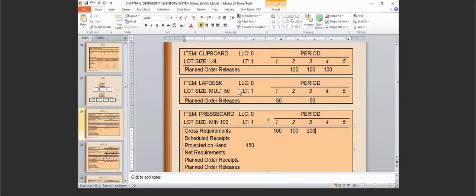So we have 100 plus 50 multiplied by 2. So the total gross requirement for Freshboard is 200. Okay, so we have a total of 200.